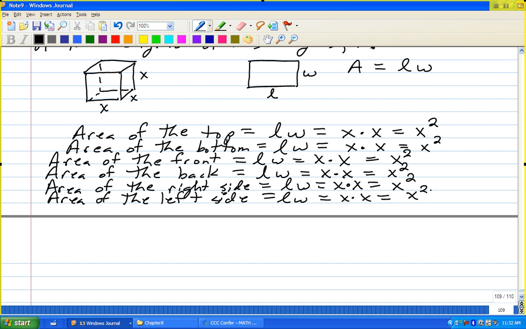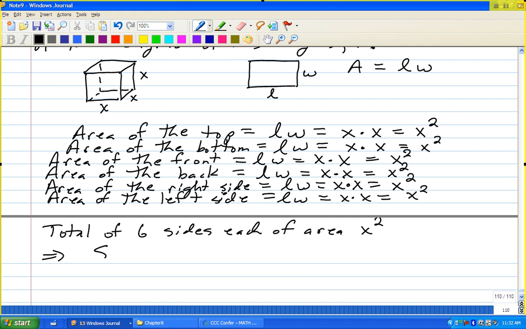And so there are a total of 6 sides, each of area x squared. So there's 2, 4, 6 of them. So therefore, the surface area of this cube is just 6x squared.